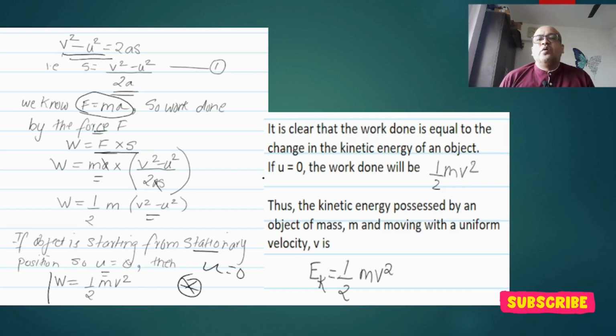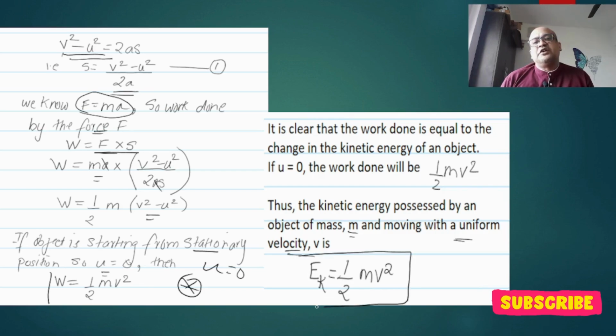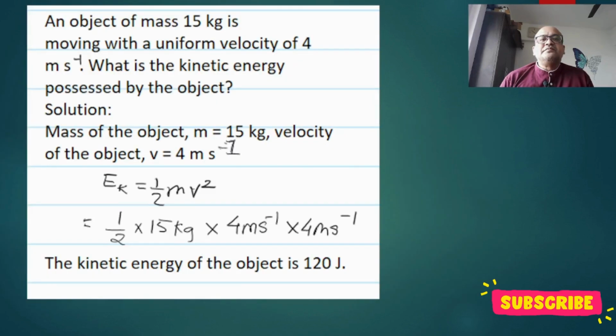So if u is 0, the work done will be 1 by 2 mv square. So the kinetic energy possessed by an object of mass m moving with a uniform velocity is Ek equals 1 by 2 mv square. So this is the expression for kinetic energy.